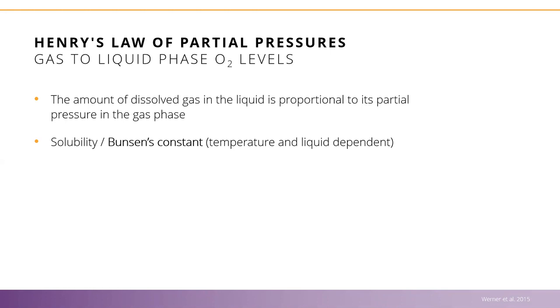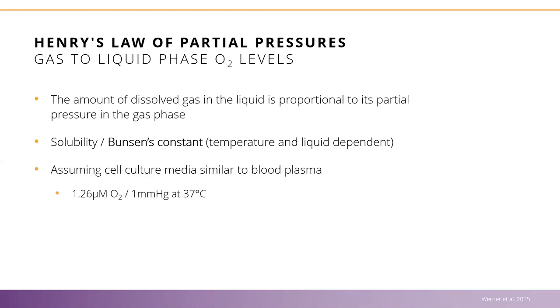The temperature, we know, is 37 degrees centigrade within the incubator. And because it's cell culture media, we just assume for simplicity's sake that it would be the same as blood plasma. And in blood plasma at 37 degrees, you have an oxygen dissolvability of 1.26 micromolar of oxygen per millimeter of mercury pressure.